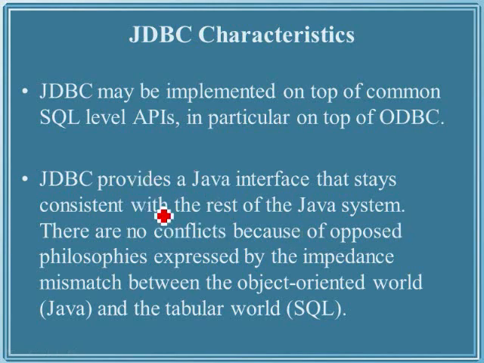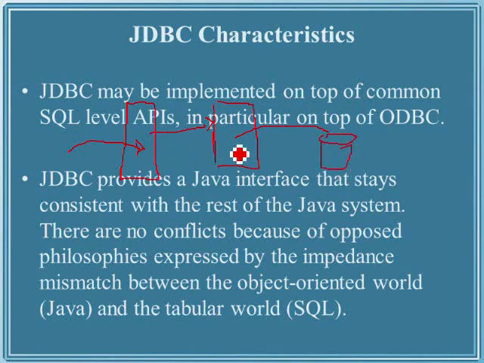So in other words, if you have this JDBC, here you send a standard command to it. JDBC won't go to the database. Instead, it will translate your commands into standard commands that are recognized by ODBC, which is created by Microsoft. That ODBC in turn translates it and then sends it to the database.